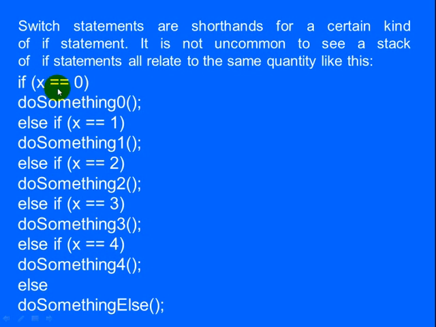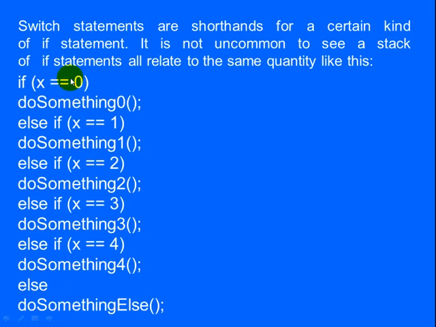The value of x is being compared with 0 for equality. If the value of x equals 0, then we execute the first set of statements, and if the value of x equals 1, then we have the second set of statements, and so on. If none of these conditions are true, then the else part of the program is executed.